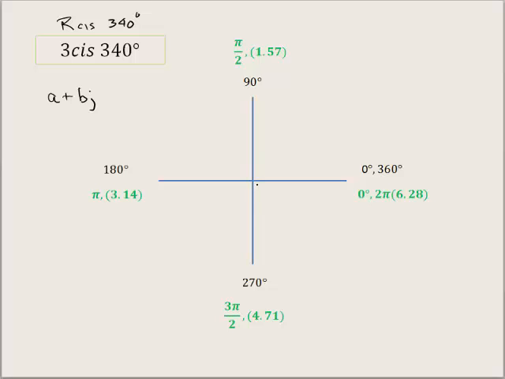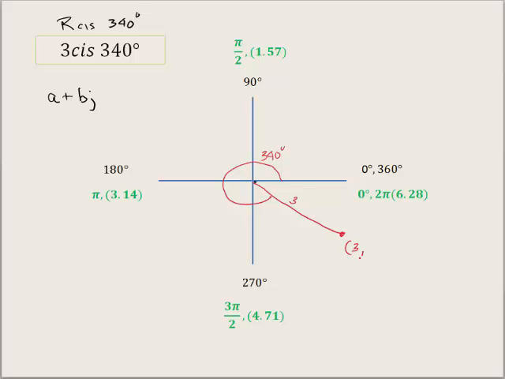So let's see, this is 270, 340 maybe, what did we say, maybe here. So we'll say that. I think it should have been closer to this 360 line, but now this distance is 3.